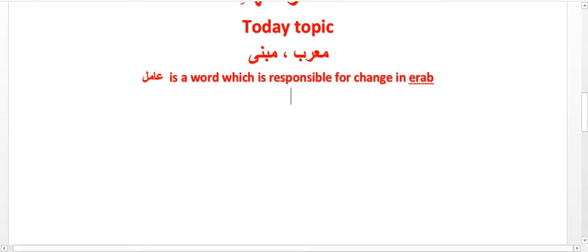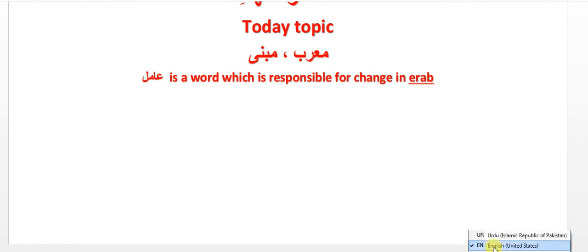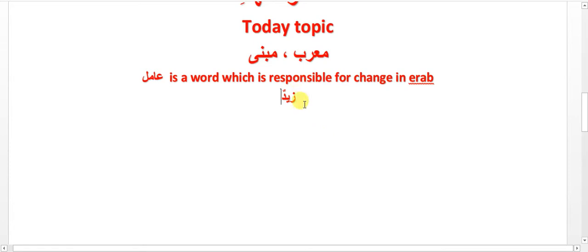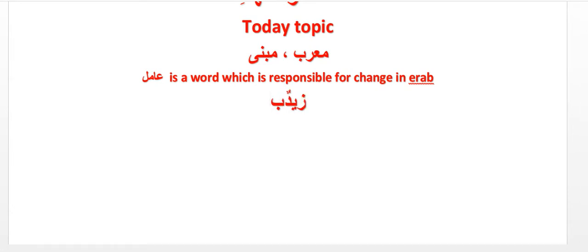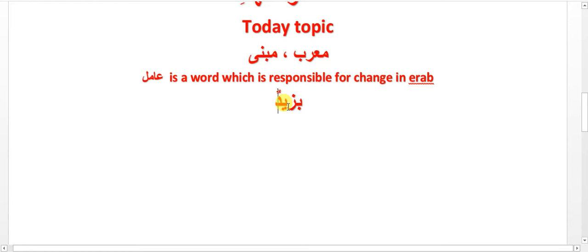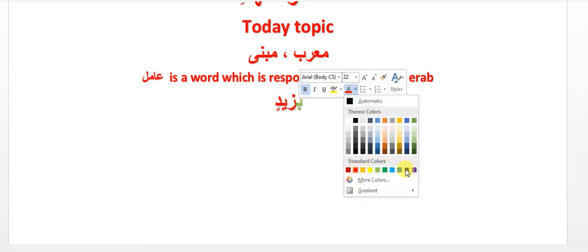Let me show you for the example here. Zaidun. Zaidun have pesh on it. When we add ba, that is harfe jar before Zaid, then the I'rab of Zaid will be converted to Zair, because we know that ba harfe jar always gives Zair to its ism.